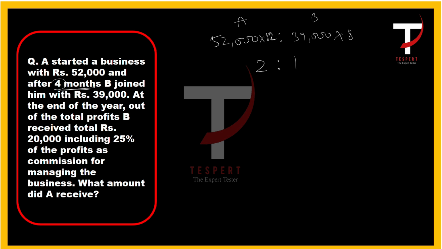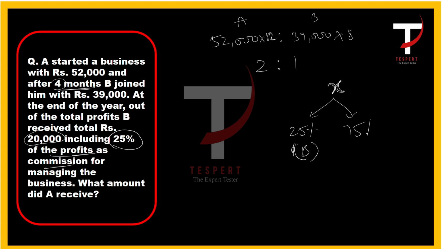So what about B? B received 25% of total profits. So the total amount he received is 20,000, which includes 25% of profits as commission. So if we consider X to be the total profit, out of this 25% is received by B as commission.